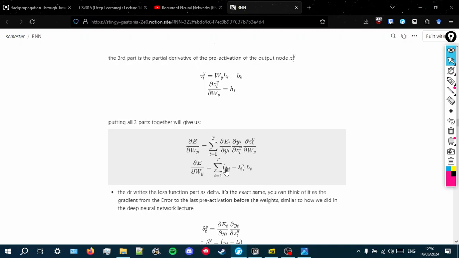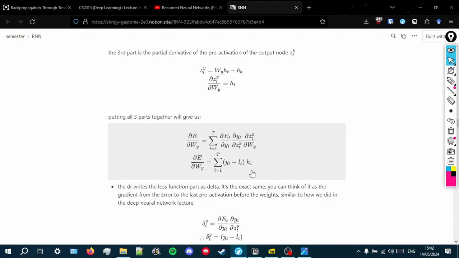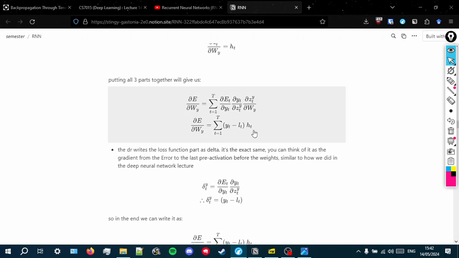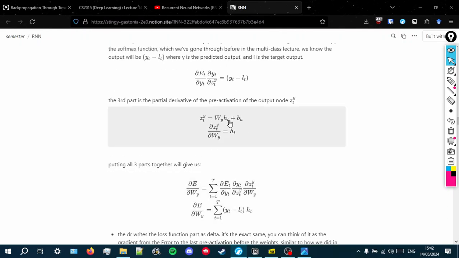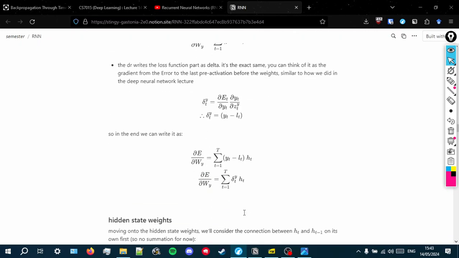So it's just going to be Y minus L of T, which is the predicted minus the target, times H of T this time. And for the bias, if we want to do the same thing, it's just doing the partial derivative of this with respect to the bias instead of the weight down here. So the bias is going to turn into 1 times Y minus L. That's it. So pretty simple.